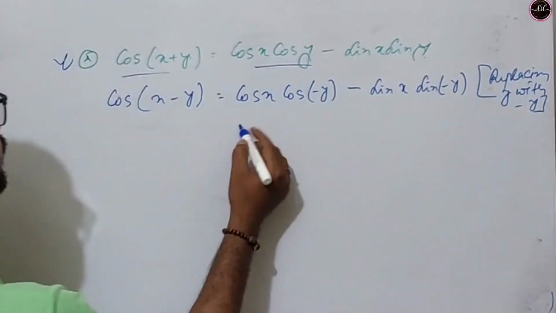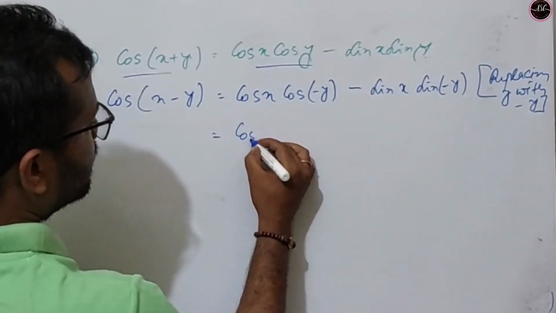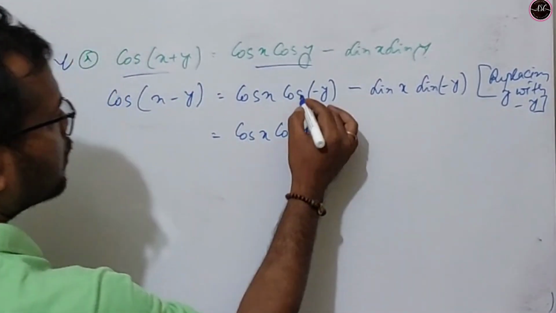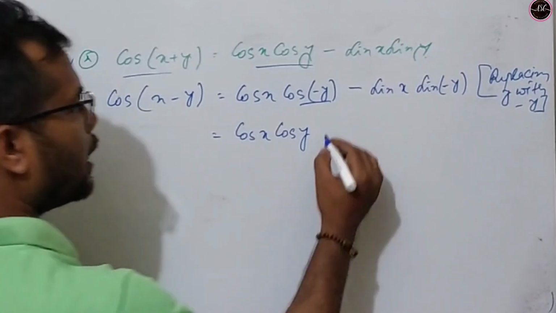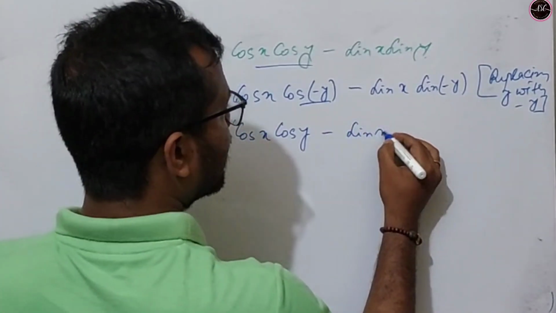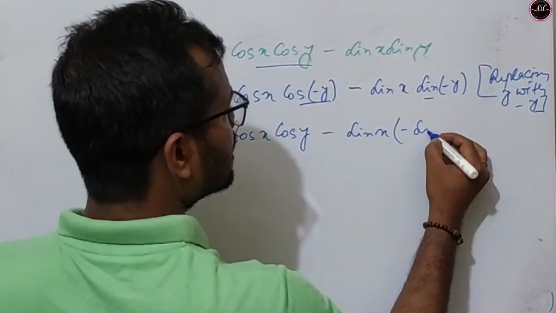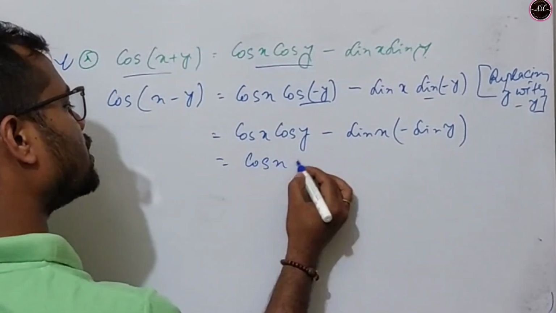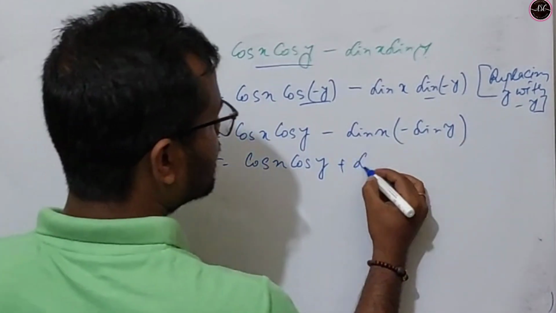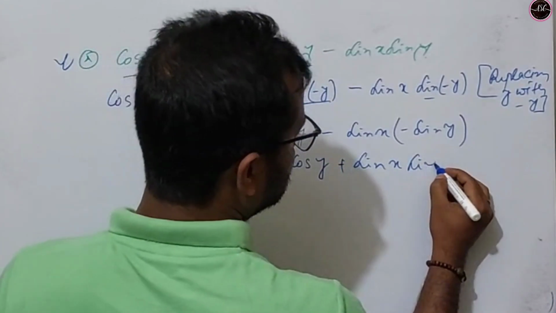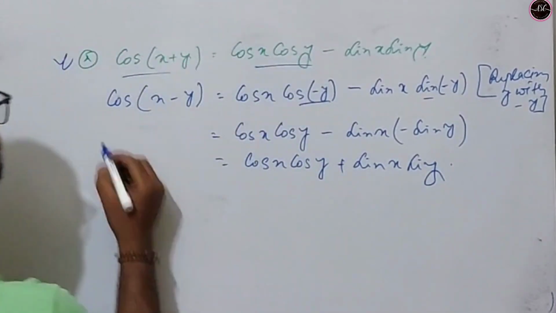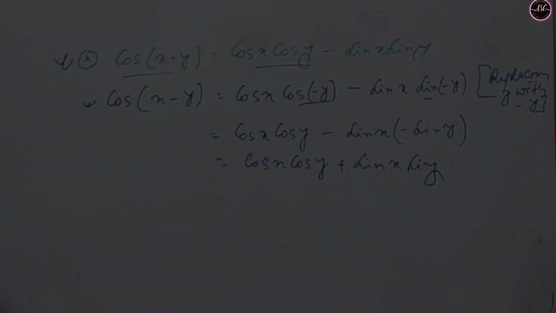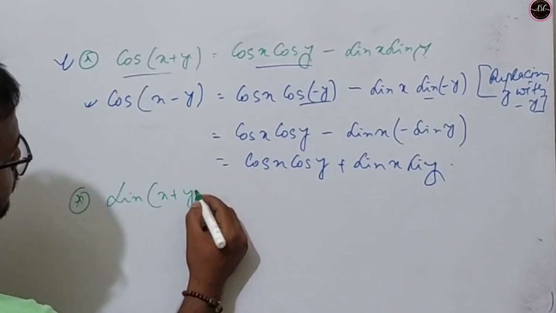So we get cos x cos y, since cos of minus y equals cos y, and sin x sin of minus y equals minus sin x sin y. So minus minus will be plus: cos x cos y plus sin x sin y. Okay, very simple. This is also one form, sin of x plus y.